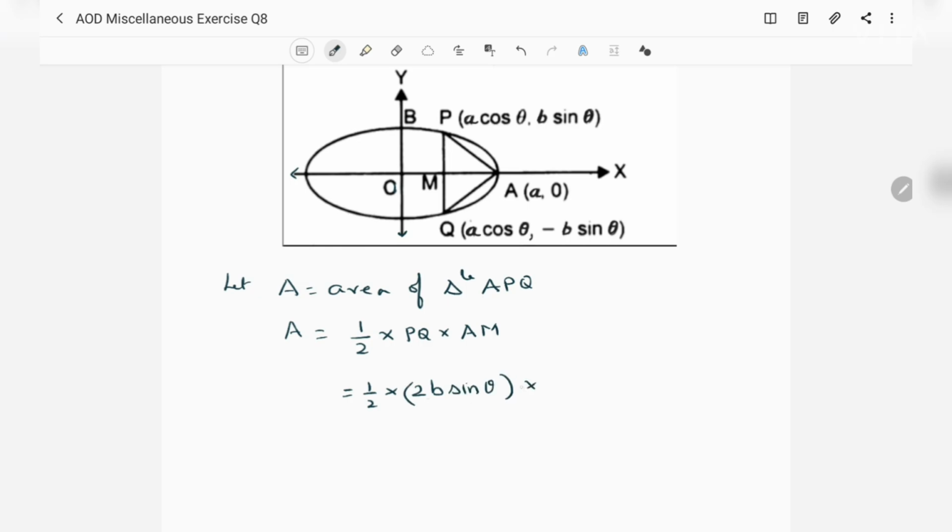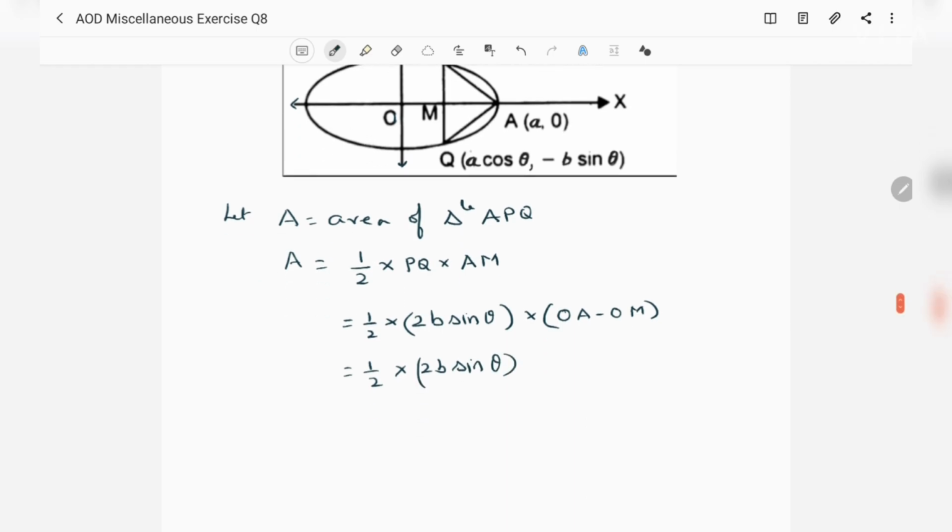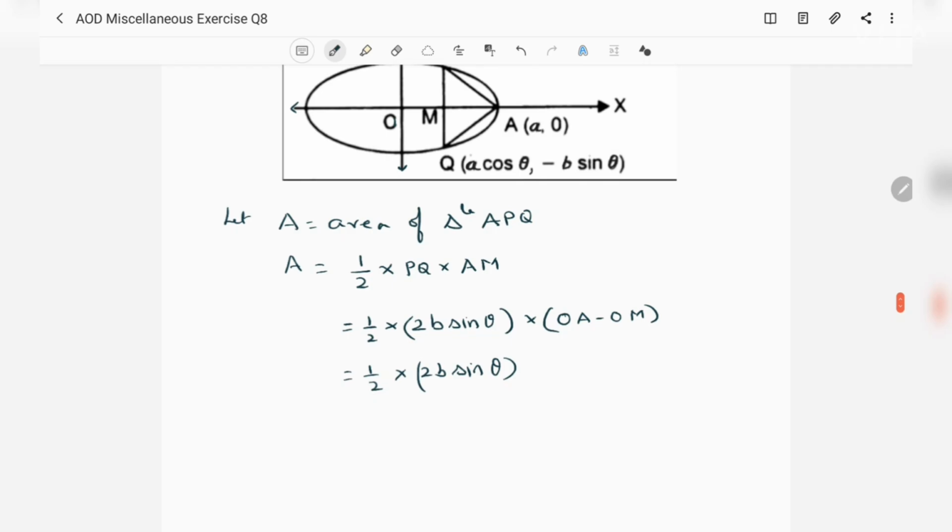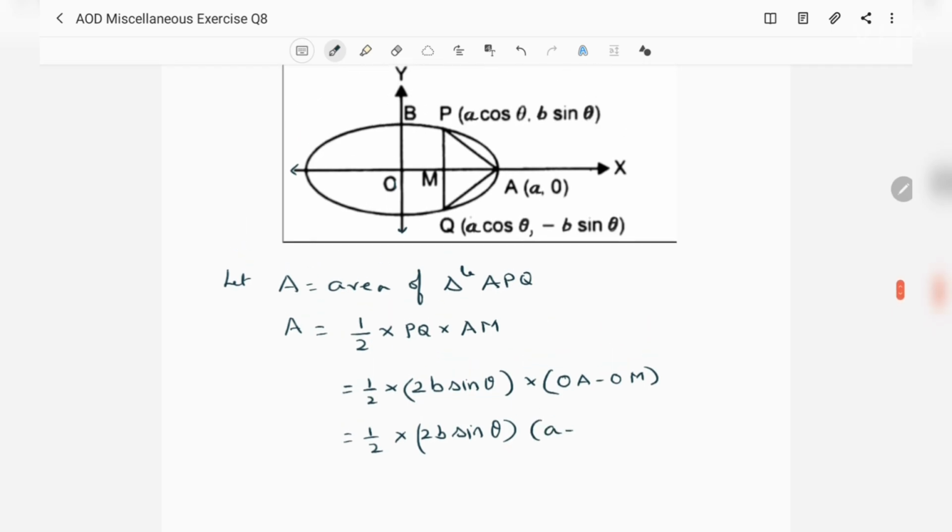into AM. What will be the length AM? We know that OA is length a, and from that we have to subtract OM. So we can write AM as OA minus OM. So which is half into 2b sin theta into OA minus OM, that is a minus OM length, which is equal to a cos theta.